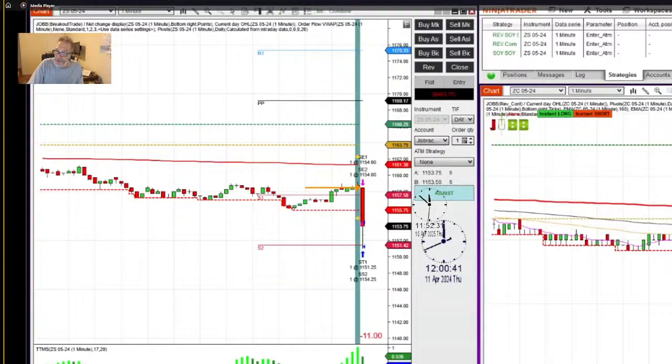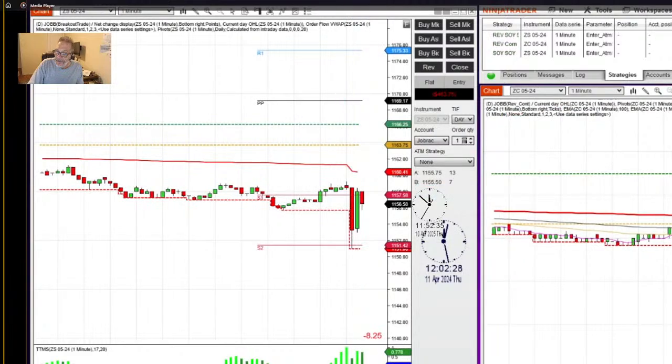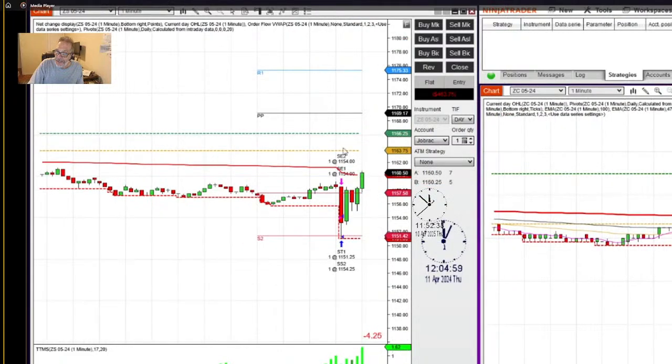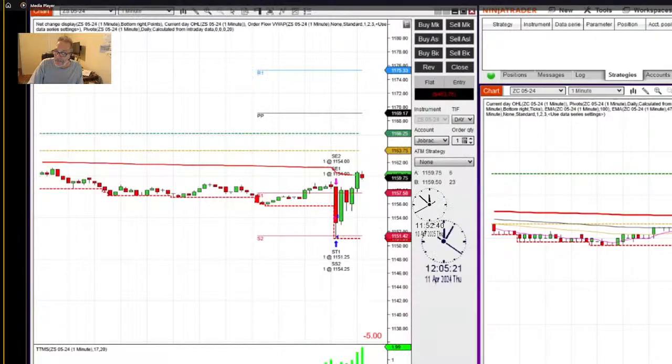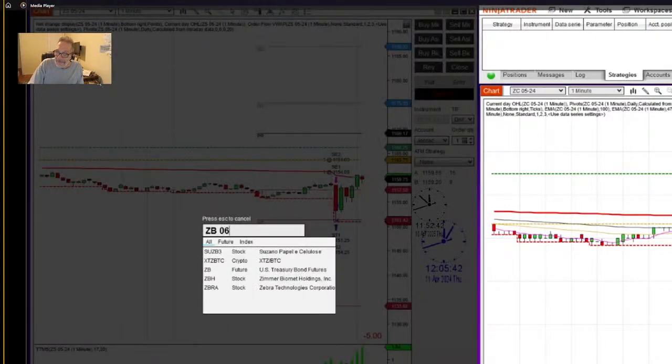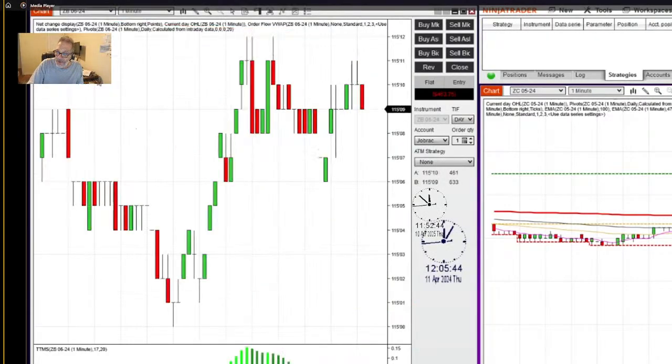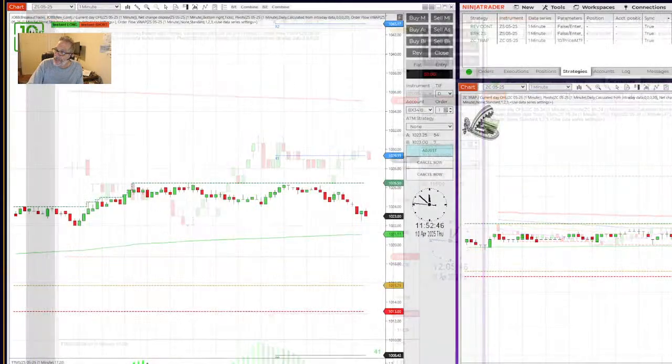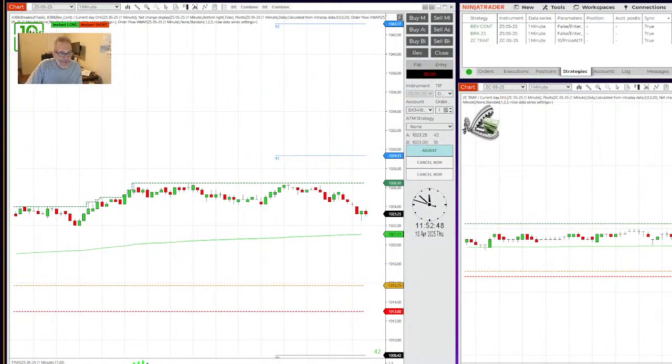And right when it got to S1 was a good change in direction. You could see it did start to change direction there. That was a year ago. All right. These are not the same markets, but it's always fun to look at what happened a year ago.